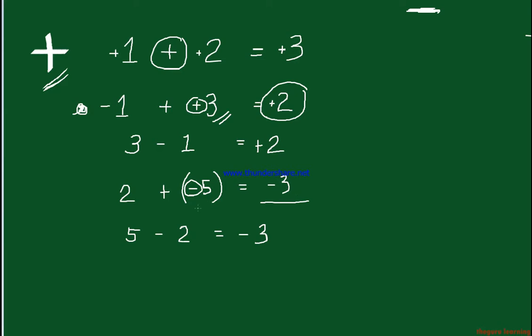How come? With logic, we have a debt of $5. A debt over here, this is the negative. A debt of negative 5, and then we pay $2. And so we will have an outstanding debt of negative 3. So therefore, we understand the logic of addition.